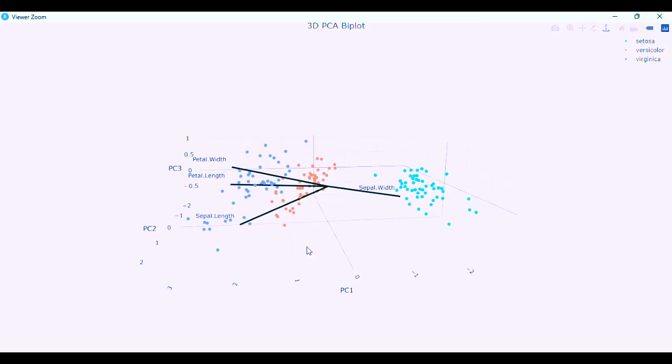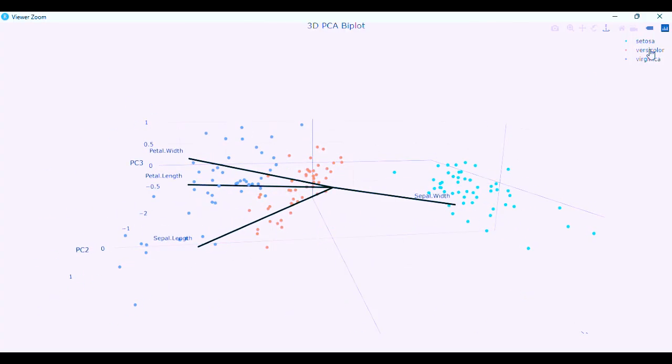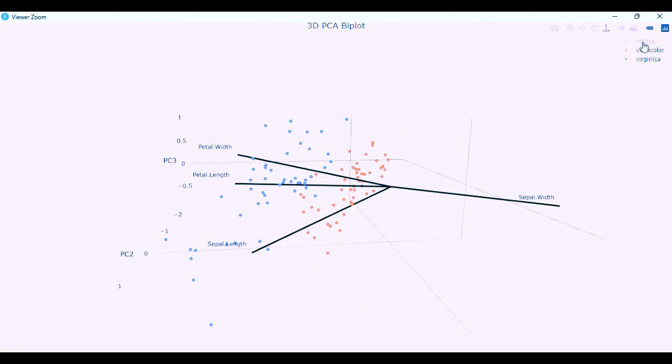While 2D plots are usually sufficient, 3D PCA is useful when clusters overlap in 2 dimensions, especially for versicolor and virginica. I will remove, for example, Setosa and select only versicolor and virginica.